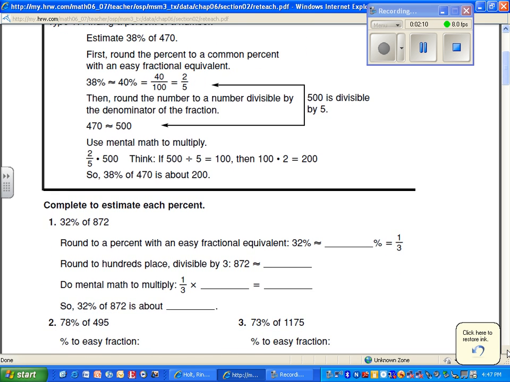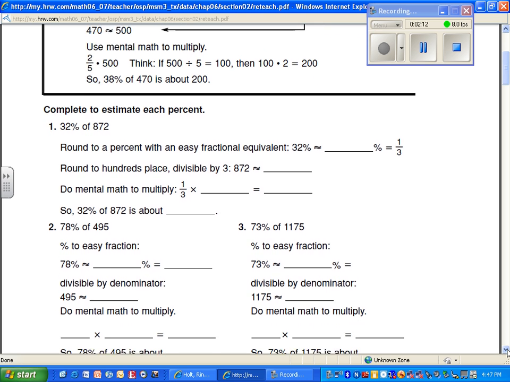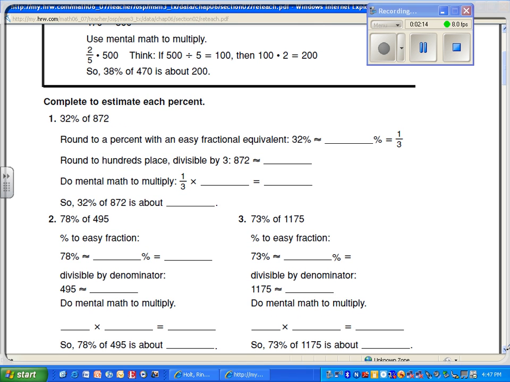Let's move on down to the first example shown here. Let's look at 32%. Let's round to a percent that has an easy fractional equivalent. 32% is really close to 33⅓%, which is 1/3. So that's the fraction we're going to use to estimate.